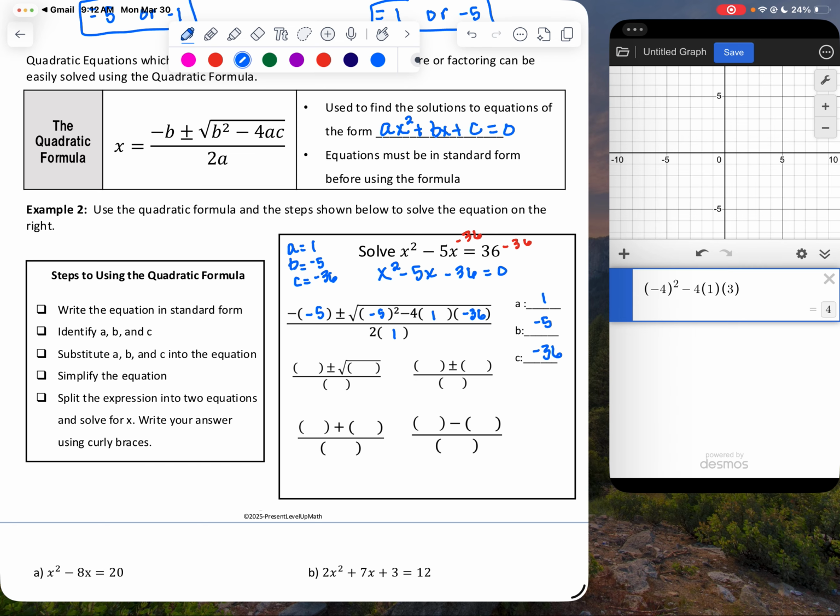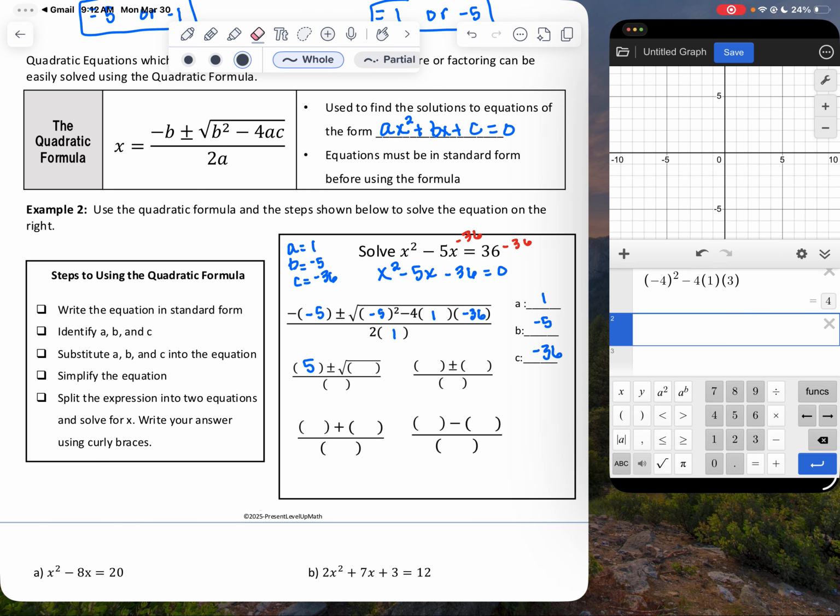All right, now we're going to simplify this a little bit. Start off with the opposite of negative 5, which is positive 5. Now they want you to figure out what number goes under the radical. In your calculator, do not type in the square root symbol.